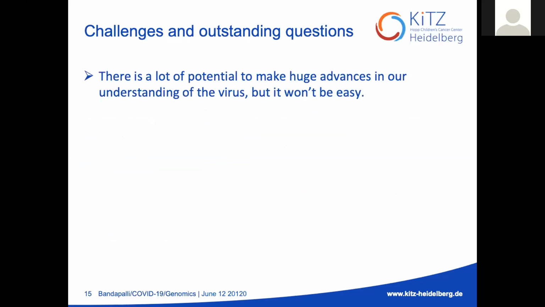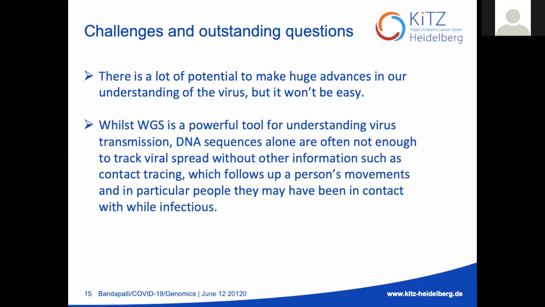But what are the challenges and outstanding questions? There is a lot of potential to make huge advances in understanding of the viruses by knowing the genomic sequence and differences and mutations and the comorbid conditions and so on and so forth. But it won't be easy, because whole genome sequencing is a powerful tool for understanding viral transmission, but DNA sequences alone are not enough to track viral spread without other information, like contact tracing, with how many people this person has been in contact, so that you can contain them and control the spread of the disease, and you can also follow up with them.